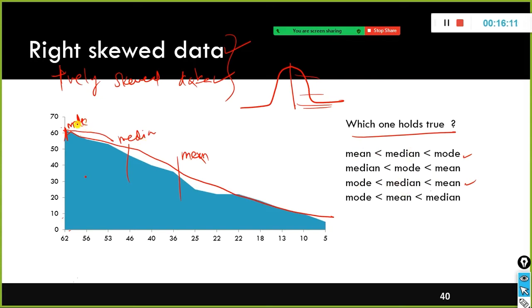No, right? Mode is bigger, so hence the answer is this one. So mean is less than median, median is less than mode. Or we can say it like this, mode is greater than median, median is greater than mean. Since it is less than here, it is wrong. So we have only two choices. Of these two, this is the correct one, this is not the correct one.